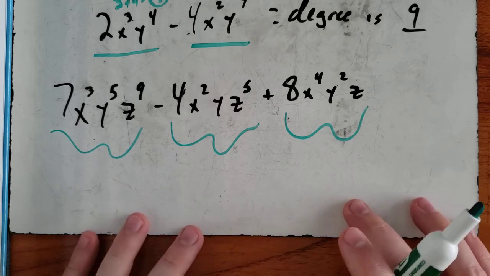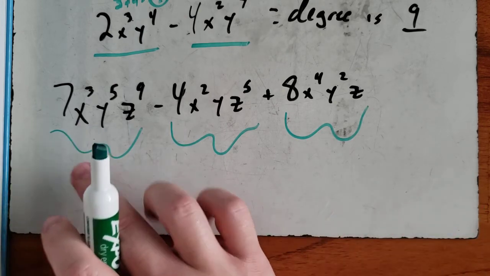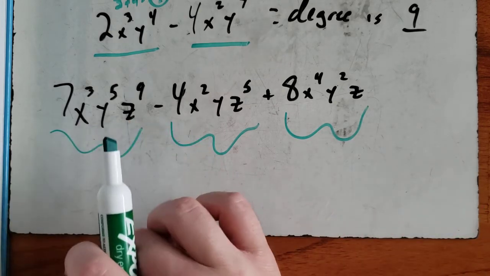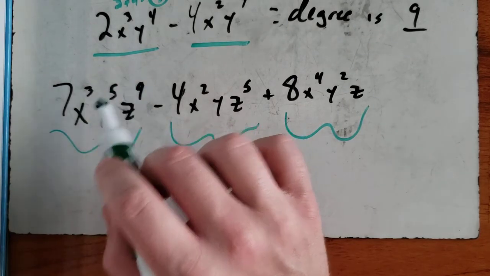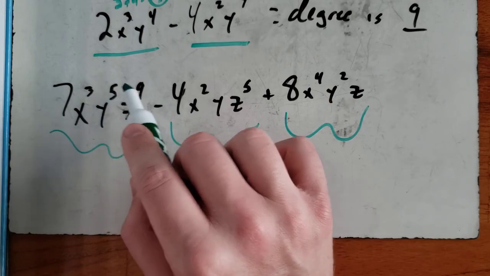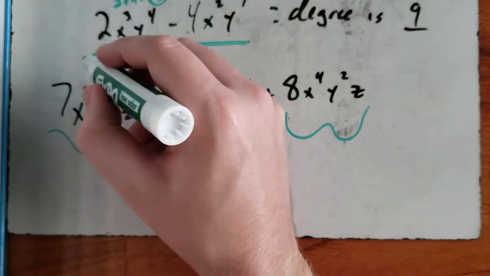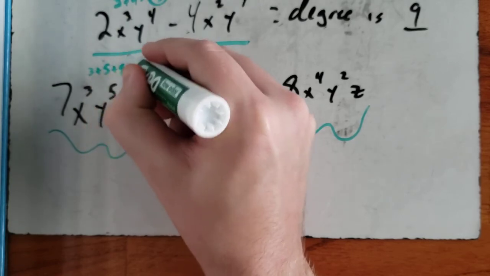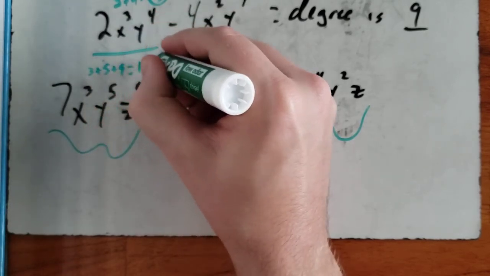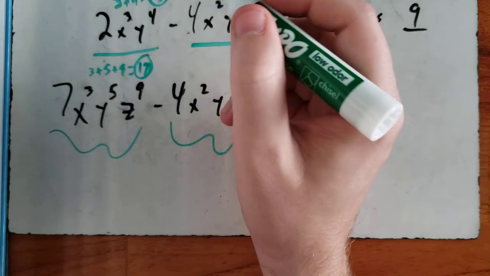If we look at our first term, 7x to the third, y to the fifth, z to the ninth, we add up the exponents: 3 plus 5 plus 9. Your total is going to be 17.